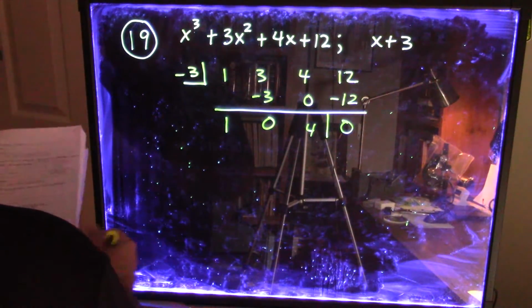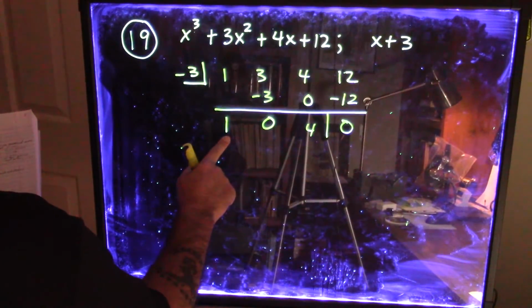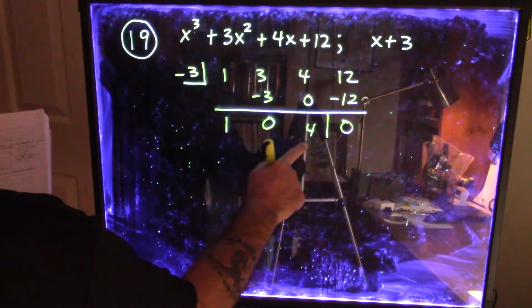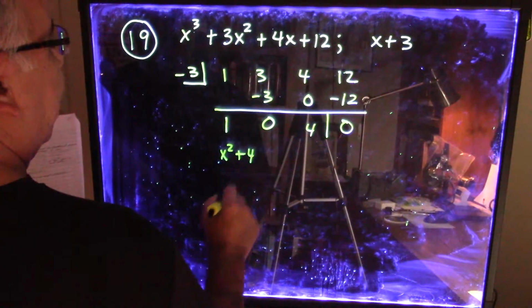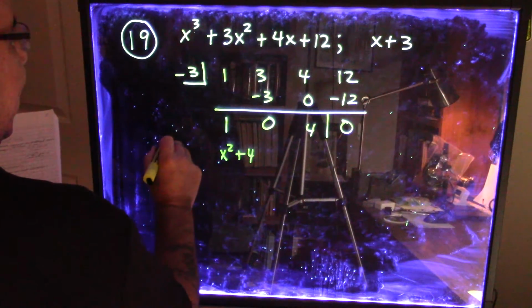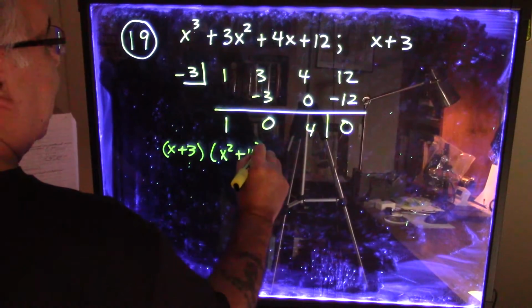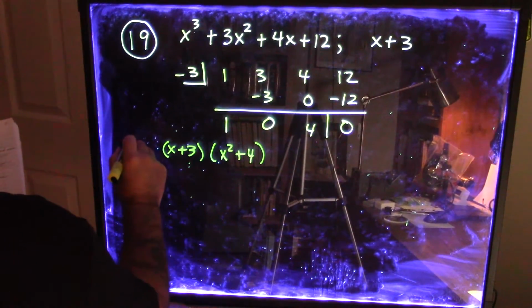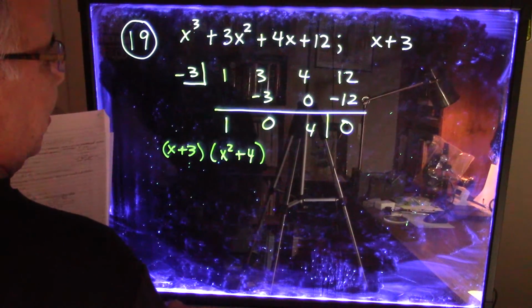Okay, this right here, we started with an x cubed, so that's an x squared plus 0x plus 4, or x squared plus 4. Okay, so this polynomial can be written as x plus 3 times x squared plus 4. All right. x squared plus 4 doesn't have any real solutions, though.